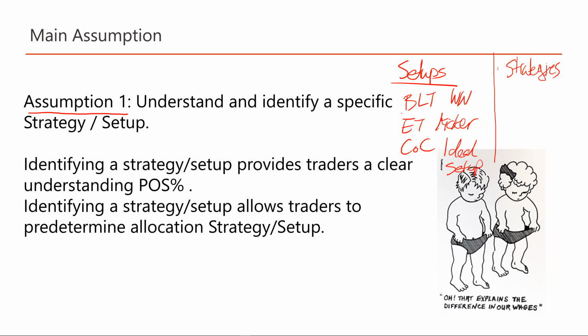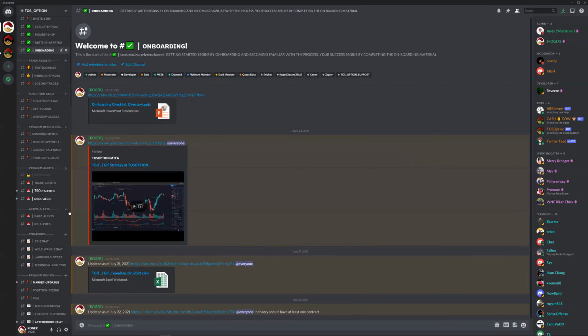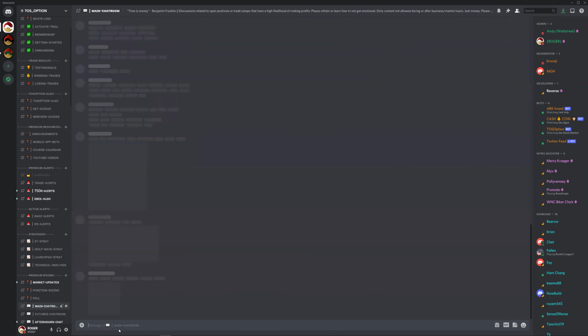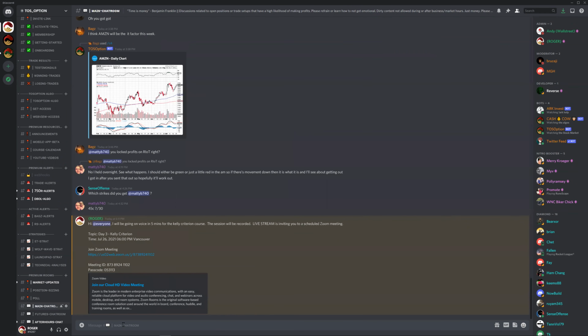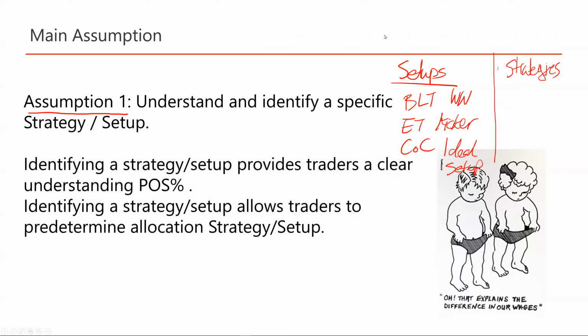If you don't know, you can type in the Discord room, for example, right here. Go to the main room, and then you can just type in like /BLT, and then you get an example of what a BLT is. Okay, it's great. Bacon, lettuce, tomato, classic.